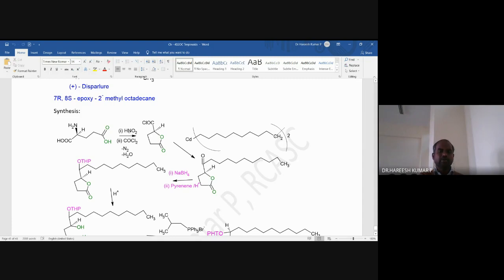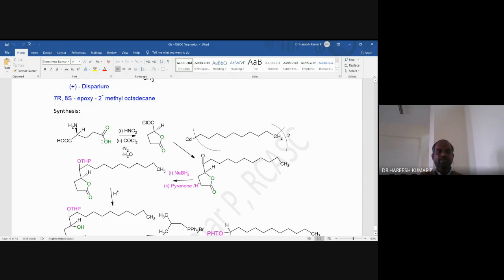So it will convert an amino group into diazonium salt. Once there is a formation of diazonium salt, N2 will go out. Then what will happen? There will be a new bond formation between this carbon and this carboxylic acid.